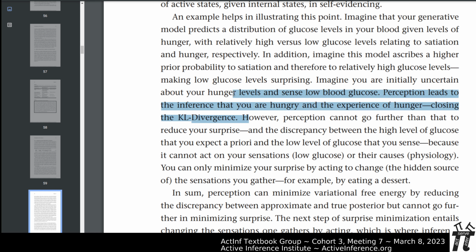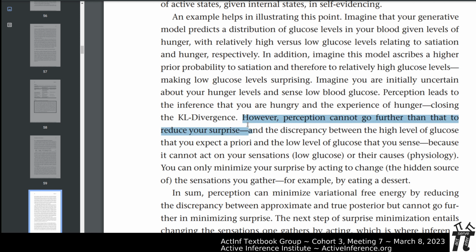So for any given beliefs about our hunger, and for any given precision or any given interoceptive input, we're going to get some surprise value. So surprise value is just how surprising that data point is, given the priors. It's in some information theoretic unit. So whether you're as minimally surprised as you can be, or whether it's super surprising, there's some surprise value associated with that observation.